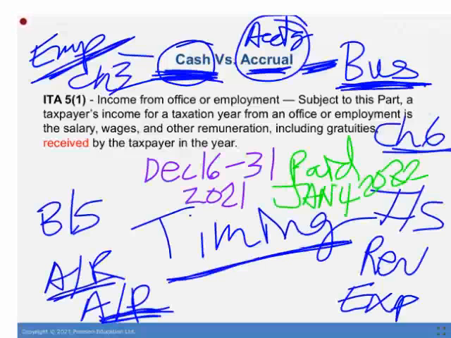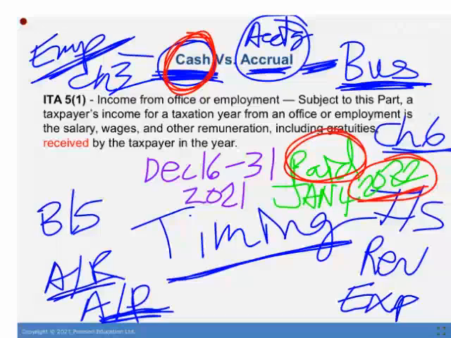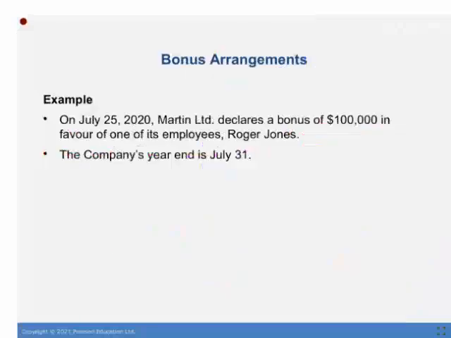If you are an employee, that income does not hit your tax return until 2022. It's cash, it's when you got paid, not when you did the work. Accrual accounting is the exact opposite. It's when you earned the income. So if it was business income, you would recognize it into 2021. So it's all about when you received the cash or the benefits.